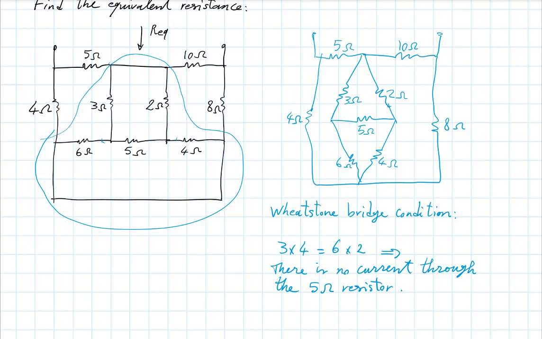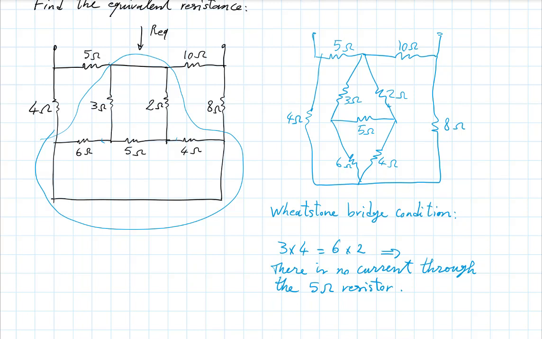And this is regardless of what you are connecting between the two inputs of the circuit. So we are interested in the equivalent resistance of this entire circuit, and regardless of what you have connected at the top. So let's say you have applied the voltage to measure the current that goes through so that you divide the two and get the resistance. Regardless of that, because you have the Wheatstone condition, there is nothing going through the 5 ohm resistor.